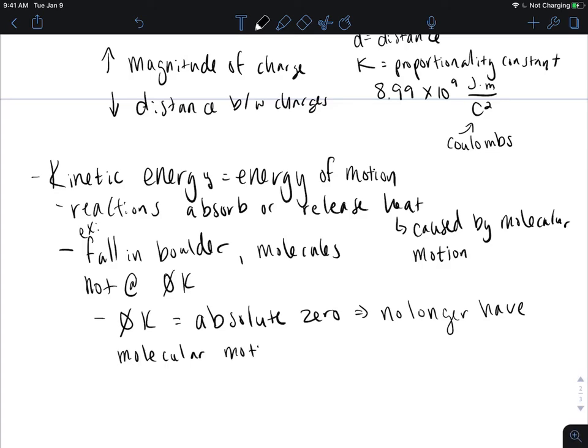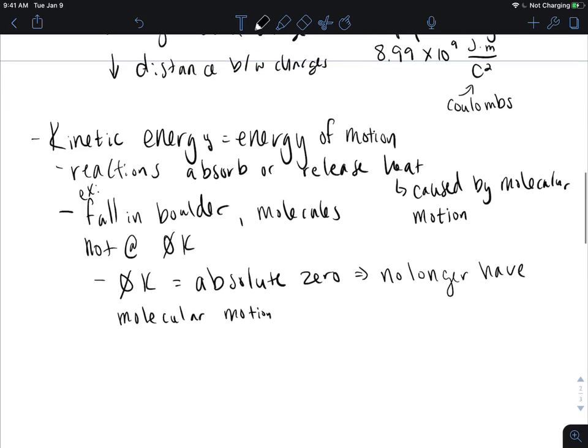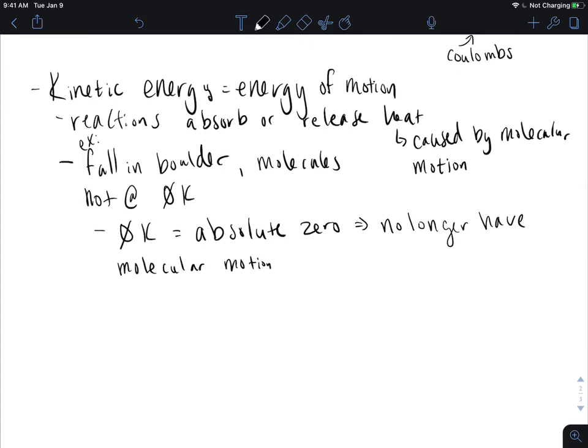So everything besides things at absolute zero is going to have kinetic energy due to that molecular motion. Okay, so everything has kinetic energy. Fantastic. We calculate it using the following equation, kinetic energy equals one half m v squared.